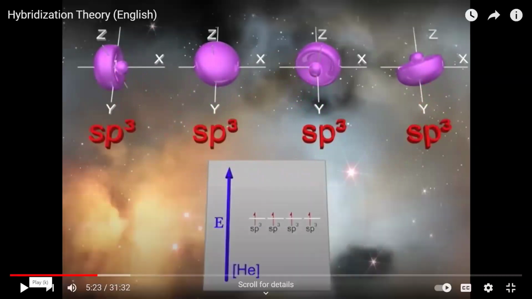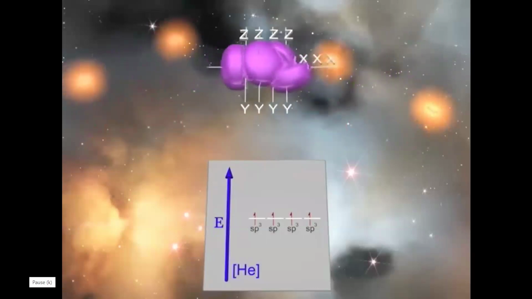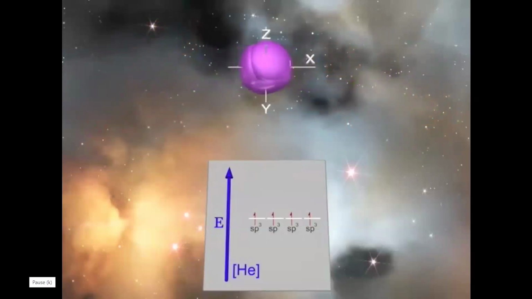So it doesn't matter if it's 4-0, 3-1, 2-2, or 1-3. What's your electron pair geometry? 4, correct? If it's a 4-0, 3-1, 2-2, 1-3, your electron pair geometry is still 4. These things want to get as far away from each other as they can. When we superimpose all 4 sp3 hybrid orbitals onto the carbon atom, it becomes quite cumbersome and confusing.